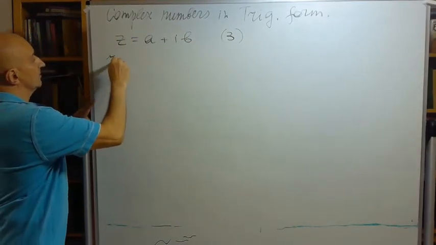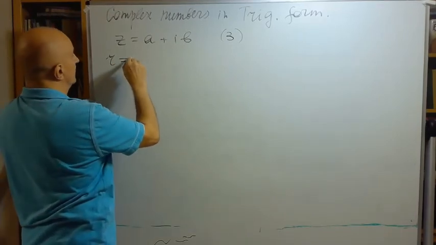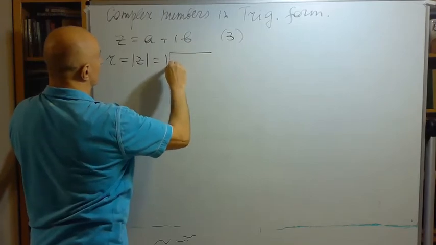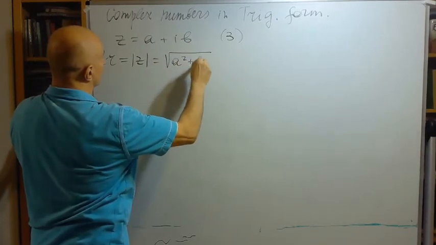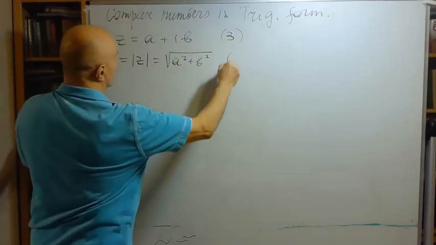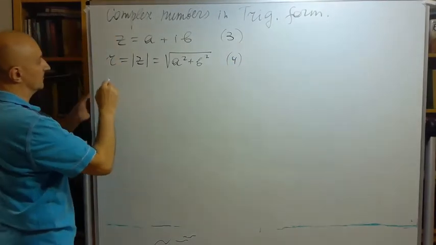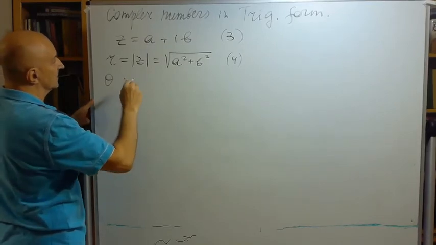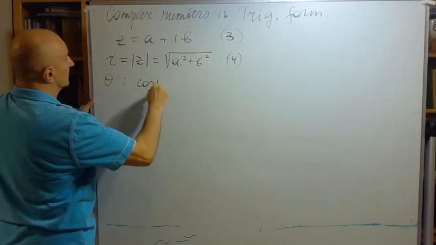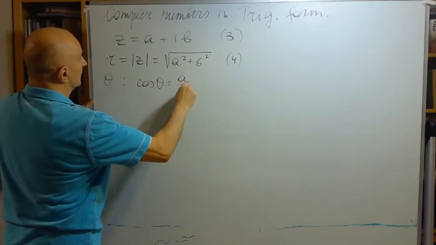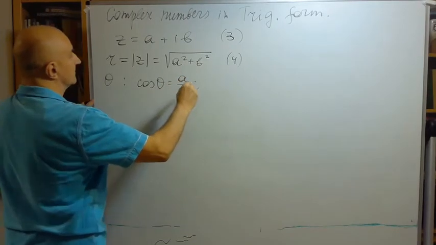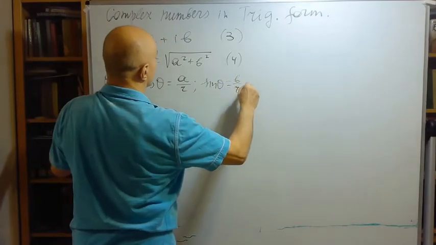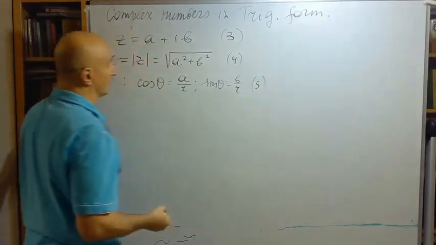We can introduce the notion of r equal modulus z or square root of a squared plus b squared. This will be formula 4. And theta, some argument of z, such that cosine theta is a over r and sine theta is b over r. This will be formula number 5.